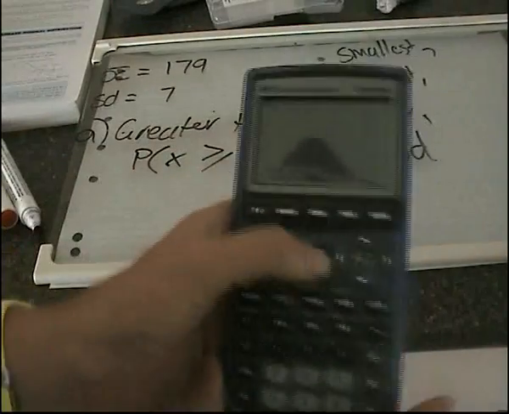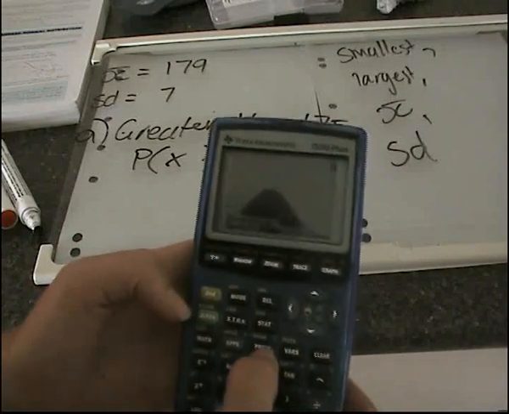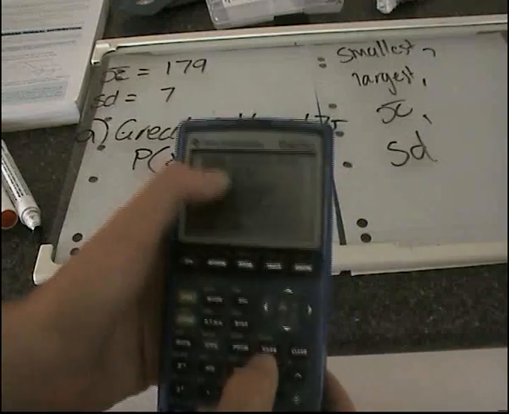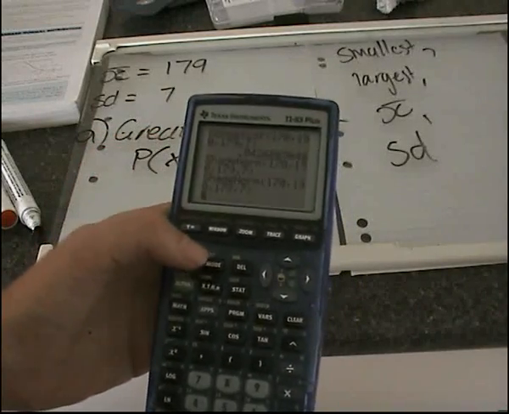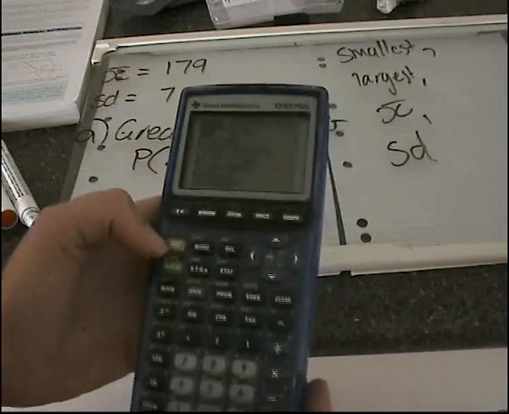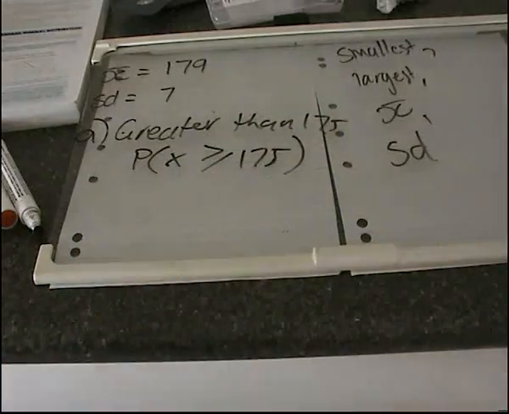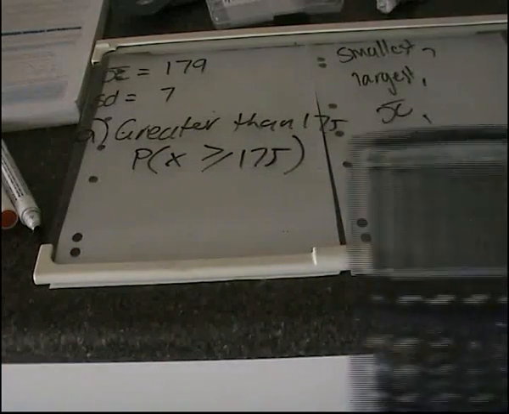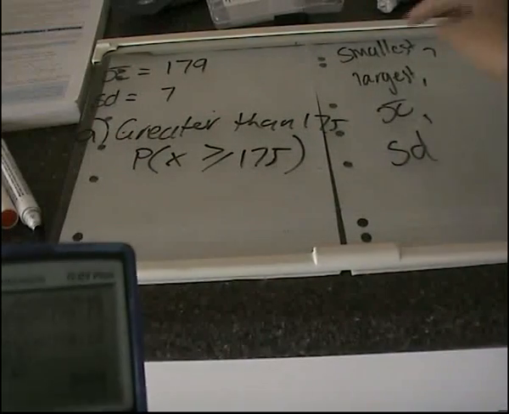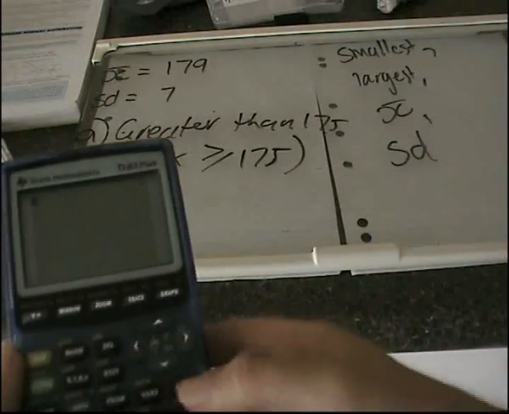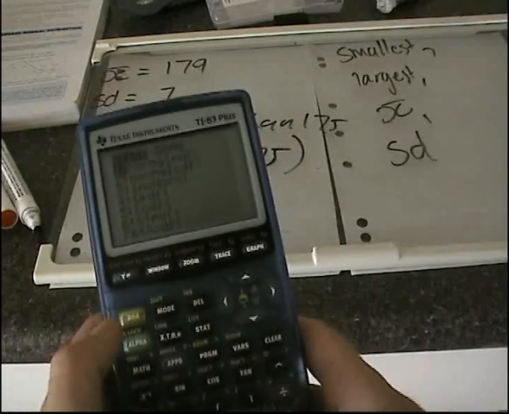To delete, mine doesn't delete if I just go delete. So I have to go second program, clear draw, enter, done, and I'll be able to regraph. So this time, because I want to go greater than 175, we'll just start the same way. So second vars, number 2.